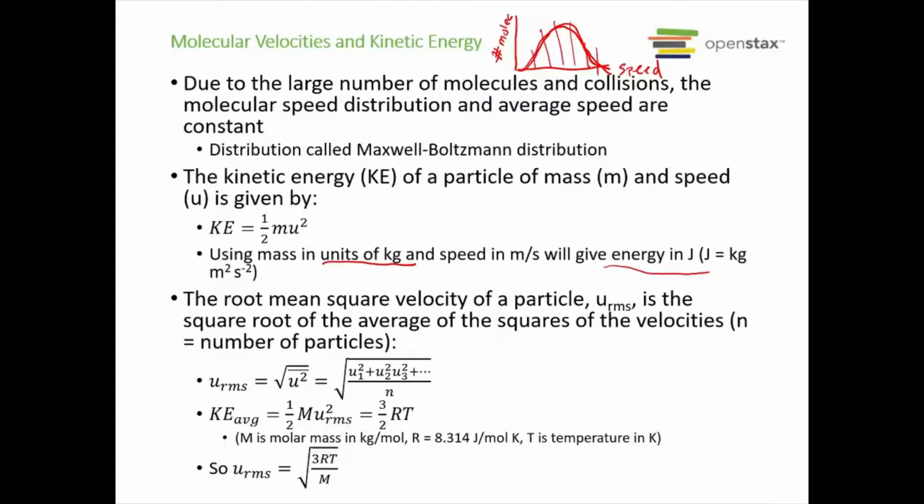Now here for the R, instead of using the 0.08 (I forget the full one that we used earlier), this is still a universal gas constant, but we're using different units. This one is 8.314 joules per mole Kelvin. So we can also say that u RMS is equal to the square root of 3RT over m, where m is the molar mass.